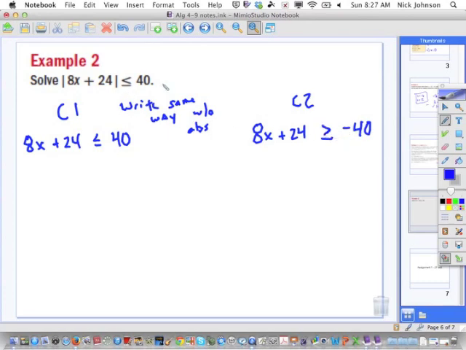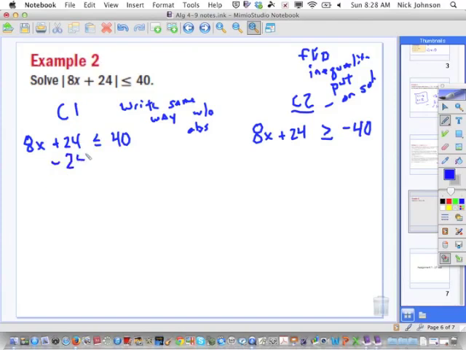So all you have to do is flip the inequality and put a negative on the solution. So the second case is you flip the inequality. It went from less than or equal to greater than or equal to, and then put a negative on your solution. Now all you have to do is solve it.